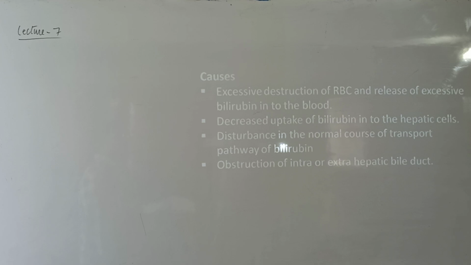Then decreased uptake of bilirubin into the hepatic cells, or disturbances in the normal course of the transport pathway of bilirubin, or obstruction of the intra or extra hepatic bile duct. In these cases, the bile will enter into blood circulation, and that causes the problem of jaundice.